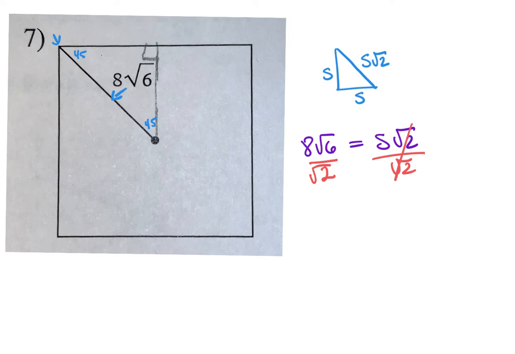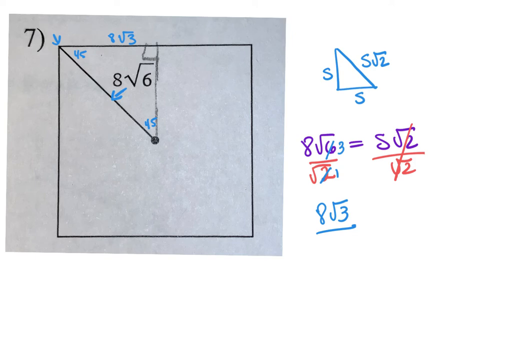Well, you can see that 6 over 2 reduces, yes? 6 is divisible by 2, and 2 is divisible by 2. The square root of 1 is just 1. So I end up with 8 square root of 3 as my piece of my side length here. Everybody see that?